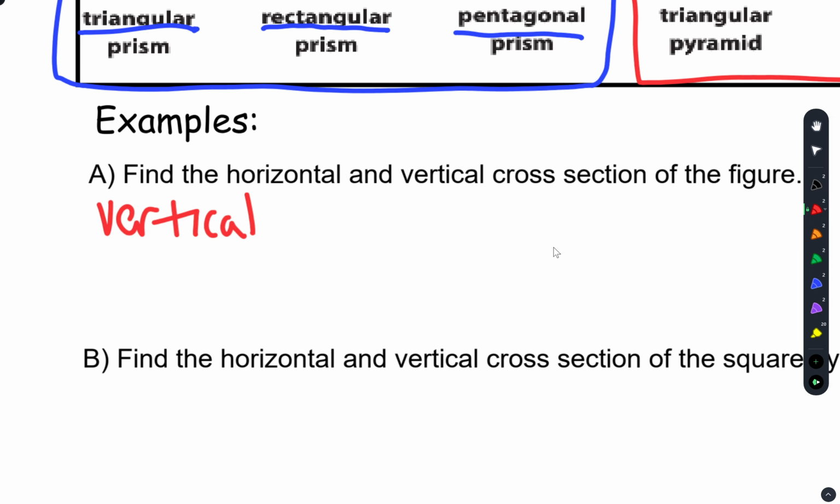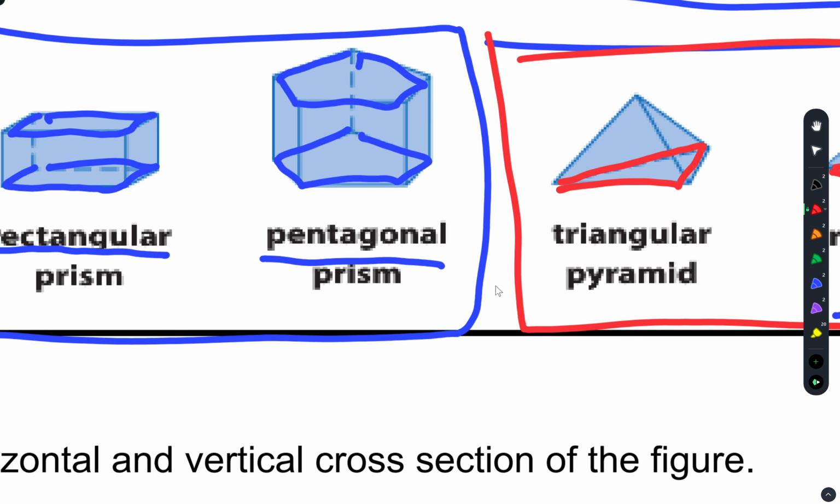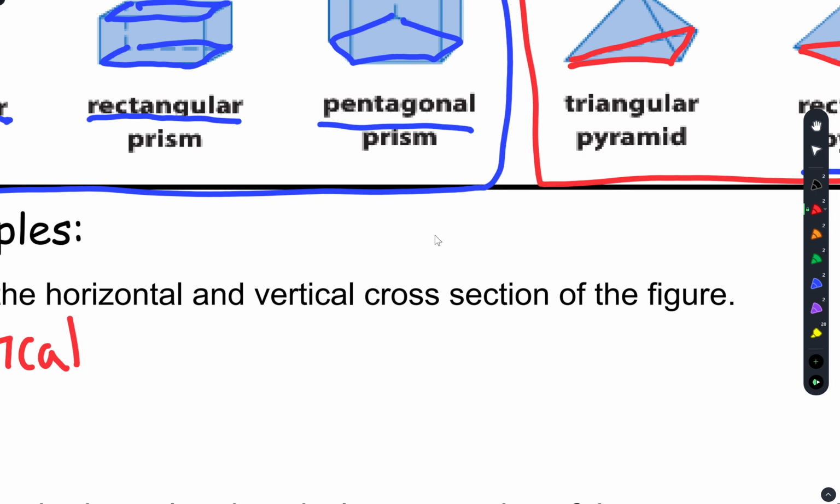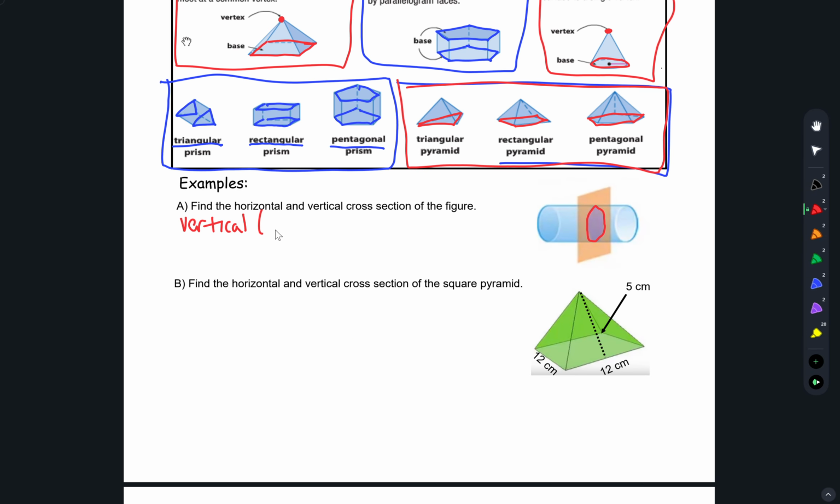We also might see vocabulary like this: we would call this a cut that is parallel to the base, because it's going in the same direction that our other two circular bases are going. So this particular vertical cut is parallel to the base, and it forms a circle as its cross-section.